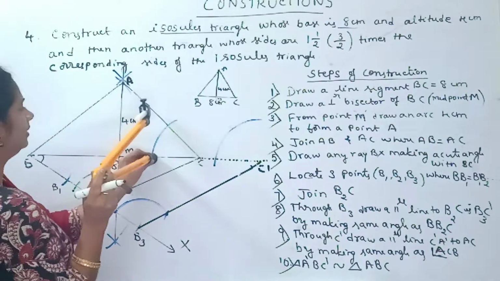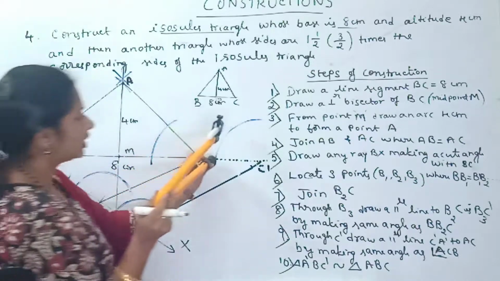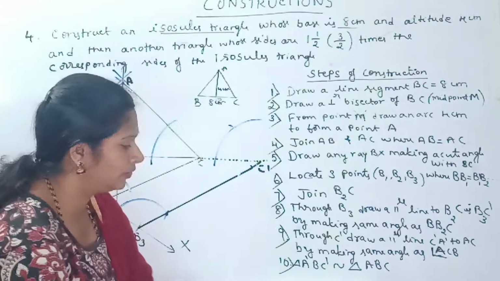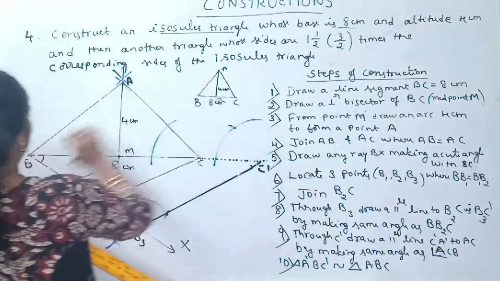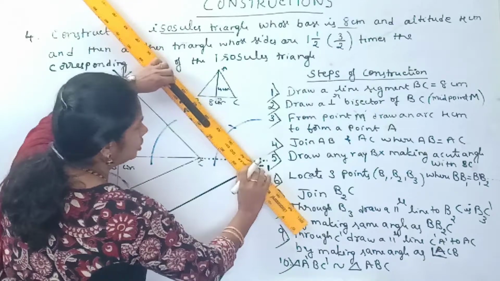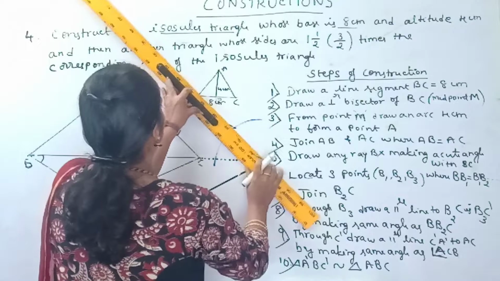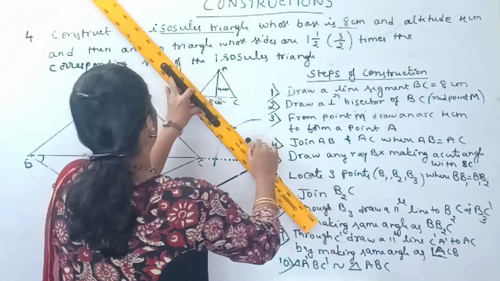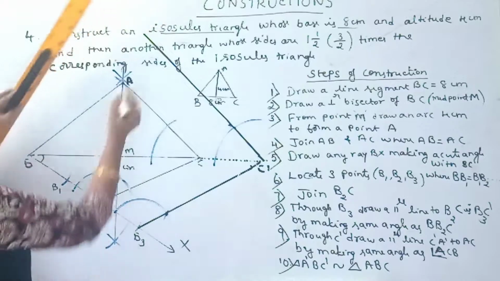Now measure the angle and keep your compass on that arc and cut that arc. Now we have to join C dash and this point, let it intersect AB at A dash.